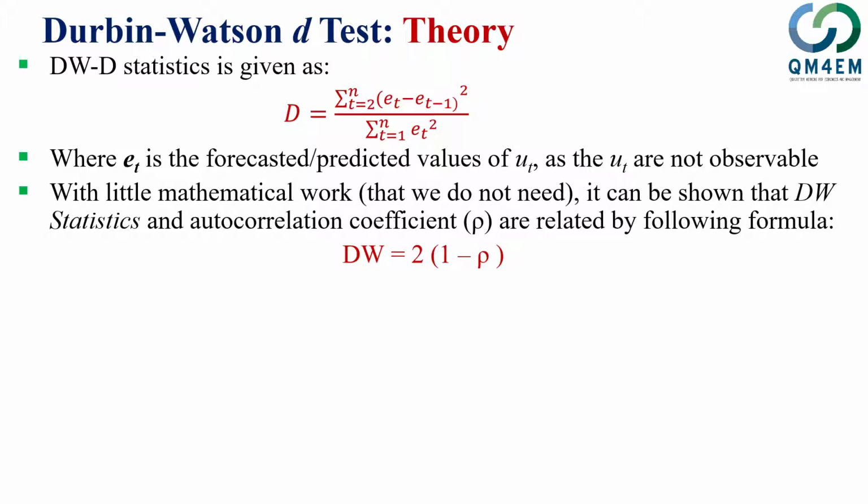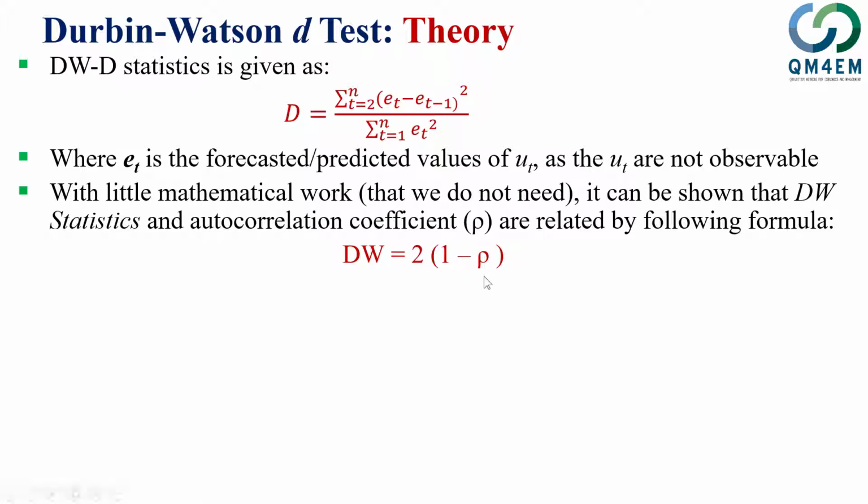So now having this second equation, DW equal to 2 into 1 minus rho, there are very interesting properties associated with this equation. Let me put that formally. We already know that rho measures the autocorrelation between the two error term values, and we know that it ranges between -1 and +1.